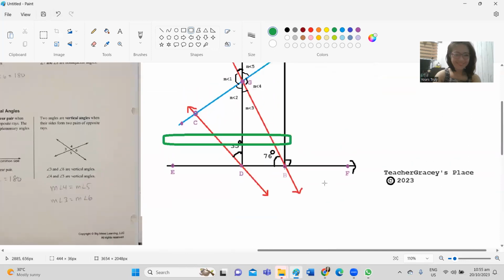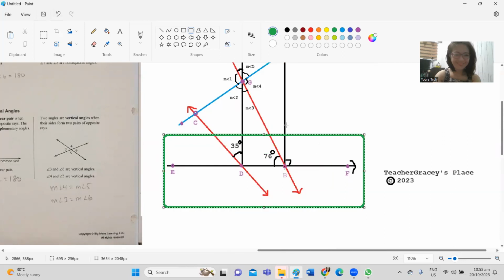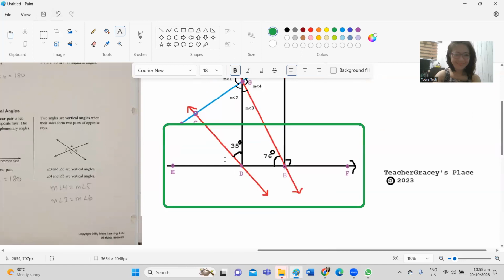How about we consider this one? Can I name some angles? This is angle A. And then, can you figure out now? I know you can.